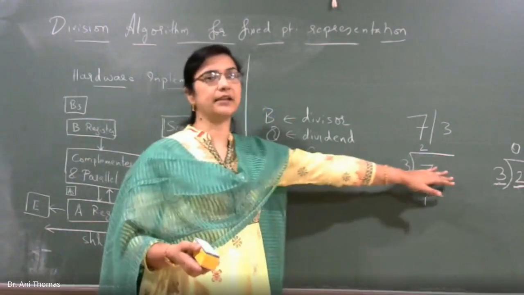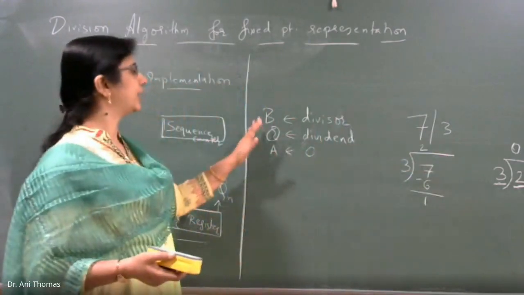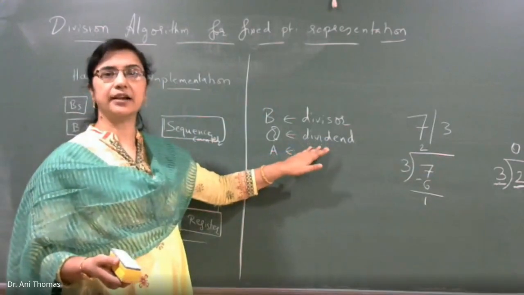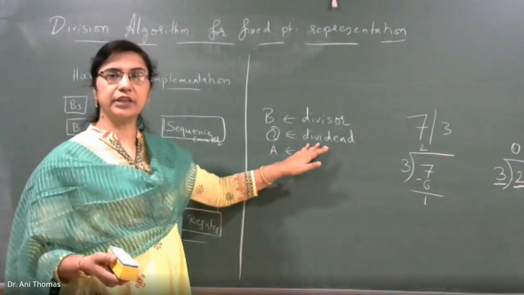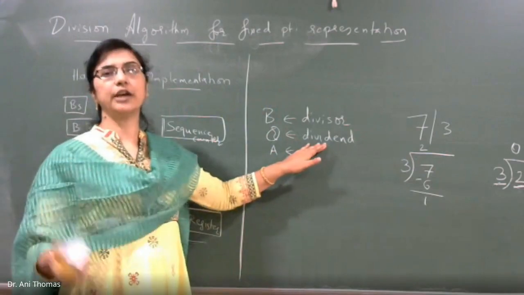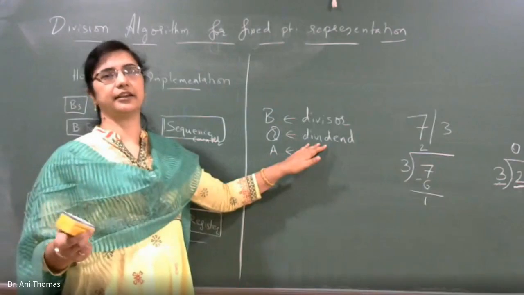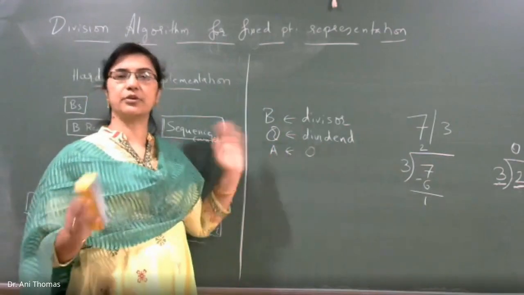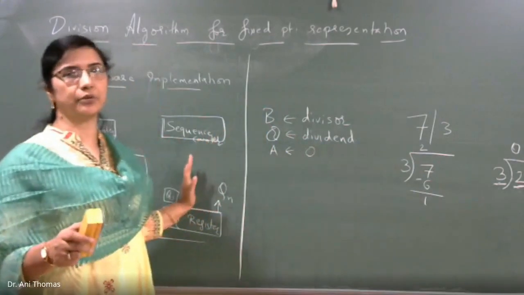When all the numbers are finished, the sequence counter becomes 0 because it started with the number of digits of the dividend, and every time we do a subtraction operation, we decrement it by 1. When it becomes 0, we stop calculating.